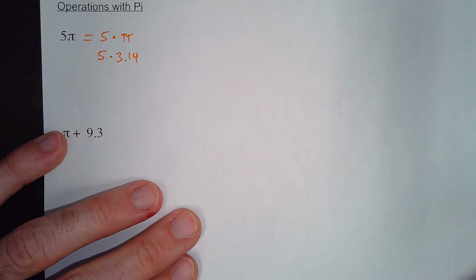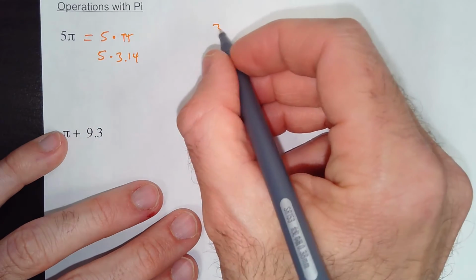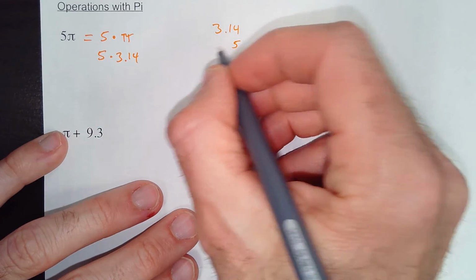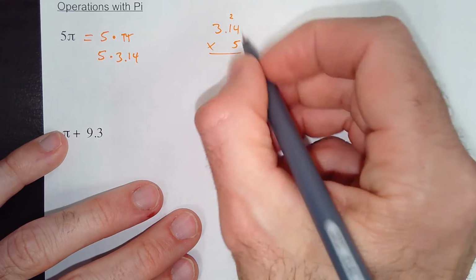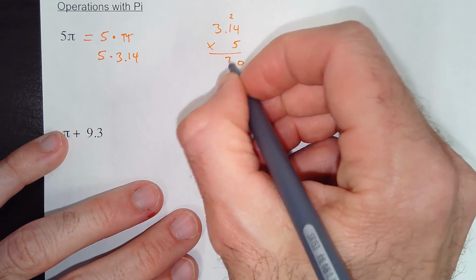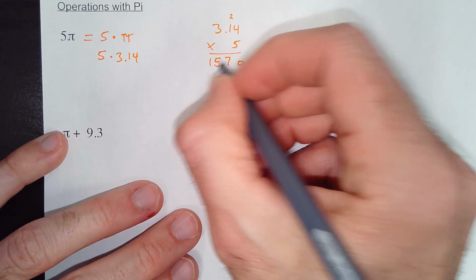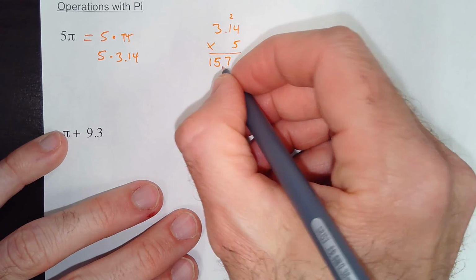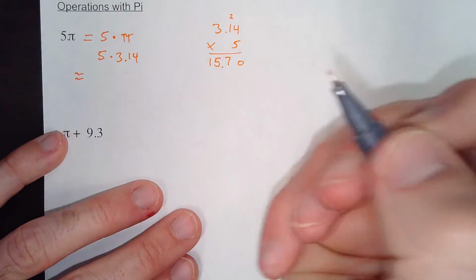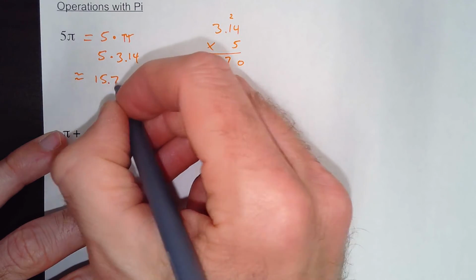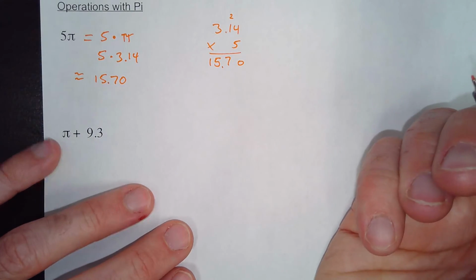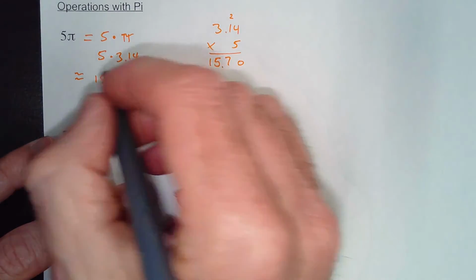So if we had to figure out what this was, we would just do multiplication with a decimal. We'd say 3.14 times 5, multiply it out, and we get 15.70, with 2 decimal places. So this is roughly equal to 15.70, or 15 and 7/10.